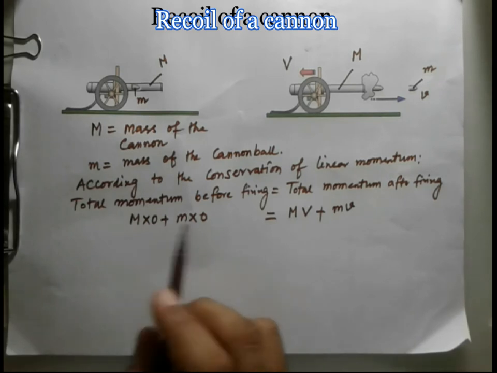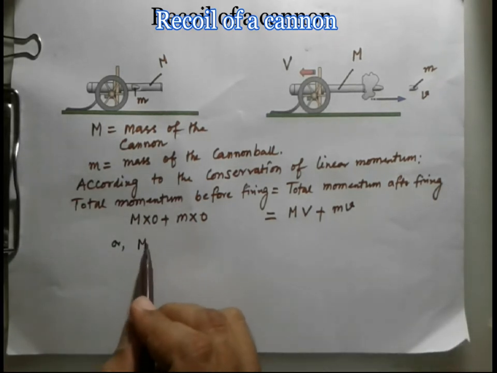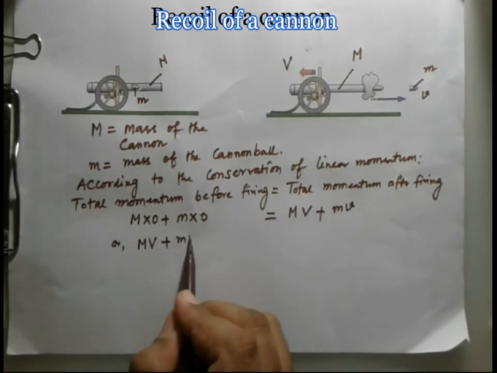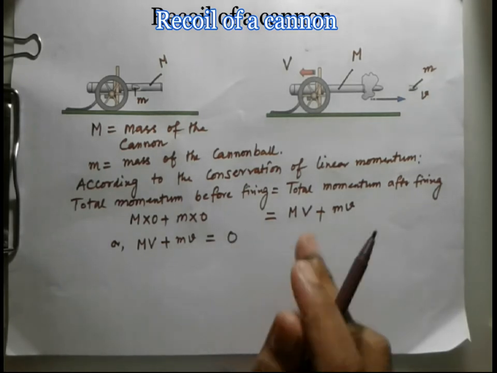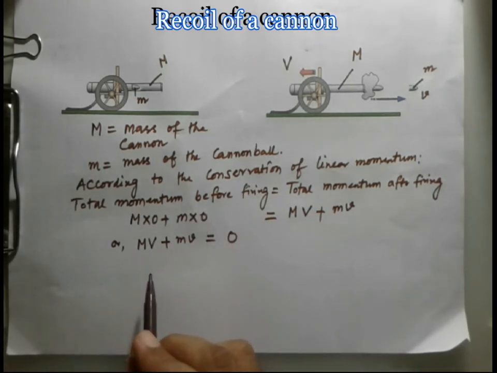So now you can write MV plus mv is equal to 0. So now what is V?